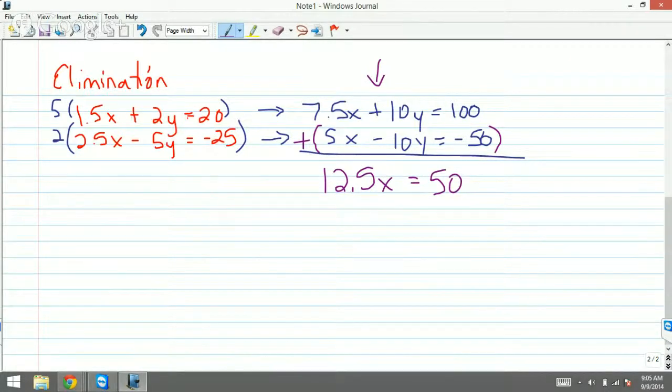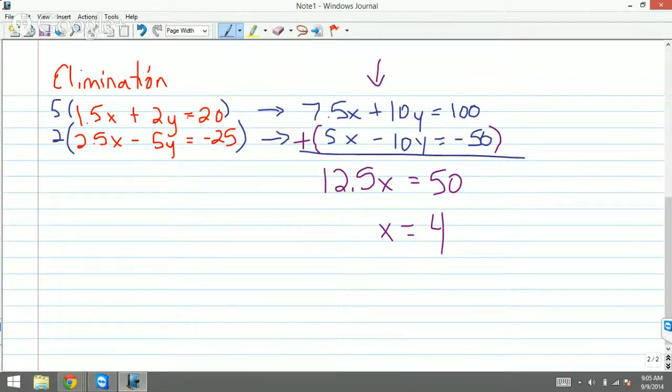What does x equal? Dude, quick, come on. That's an easy one. 12 times 4 is 48. So you add another 4 halves and you get 50. x is 4. Whole numbers are very nice.